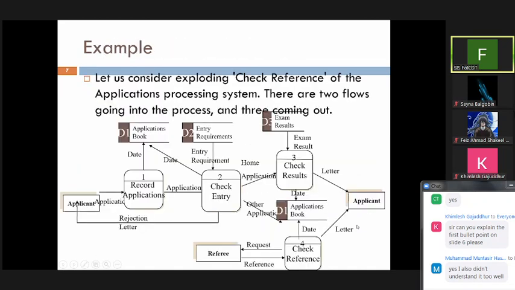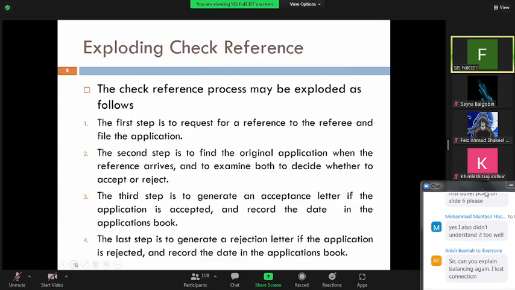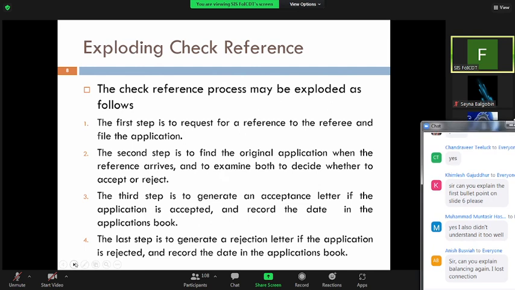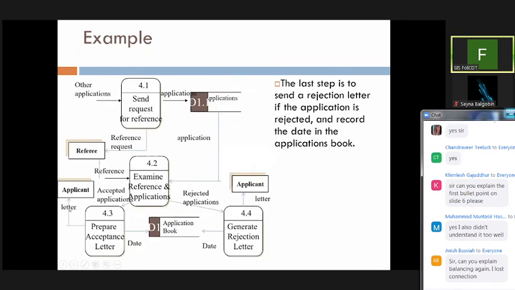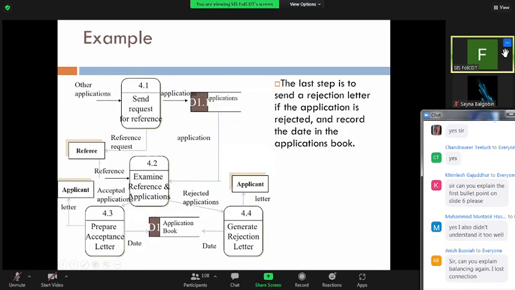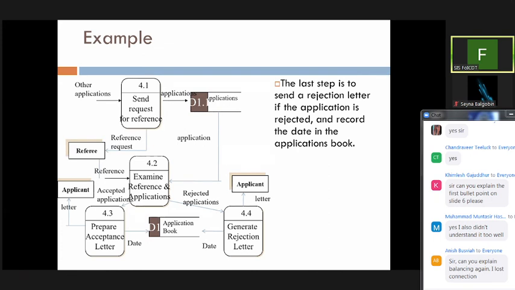We are just referring to them as letter. So whenever in your diagram you've put acceptance letter, rejection letter, you just have to write down that acceptance letter and rejection letter are just considered as letter data flow. Okay, that's all, because they are same. It's just letter. We are interested in the data. There's no need to do any modification.